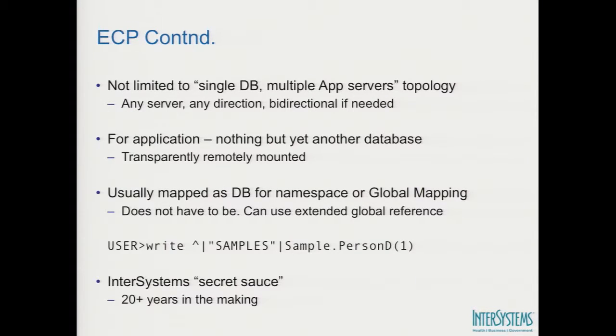You can use extended global reference the same way you do here, accessing a global in the user namespace in a sample database. The same can be done with ECP, and this is what we would use internally to deliver the data where it should be for processing.